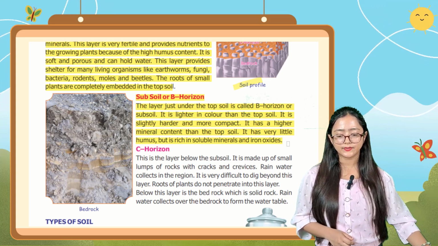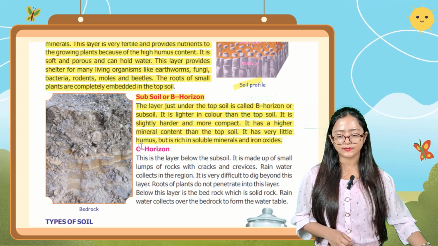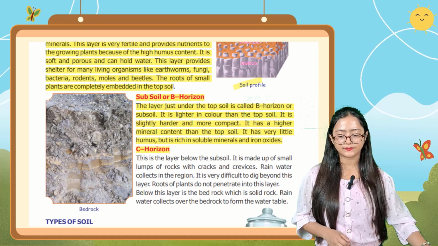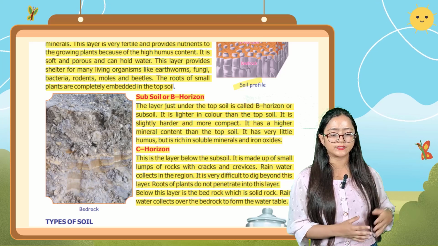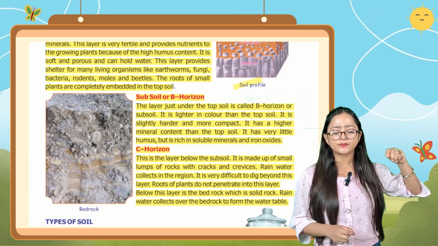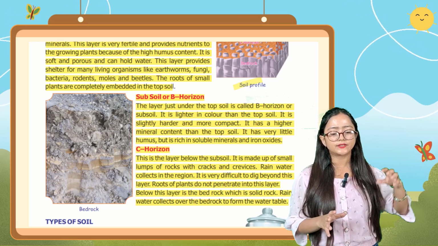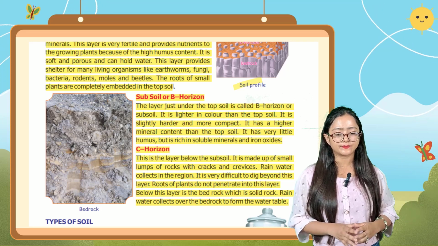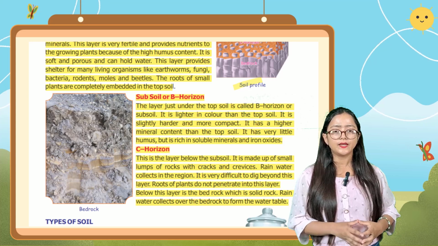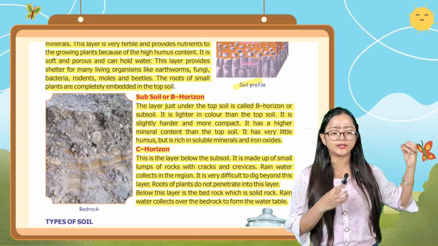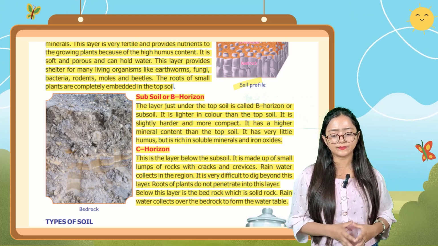Next one is the C horizon. This is the layer which is below the subsoil or B horizon. It is made up of small lumps of rocks with cracks and crevices. Rainwater collects in this region. It is very difficult to dig beyond this layer.